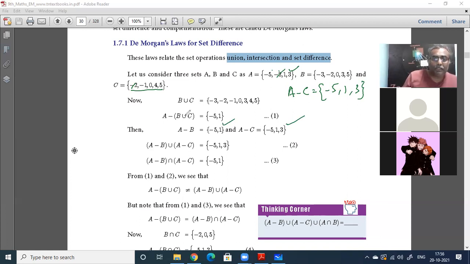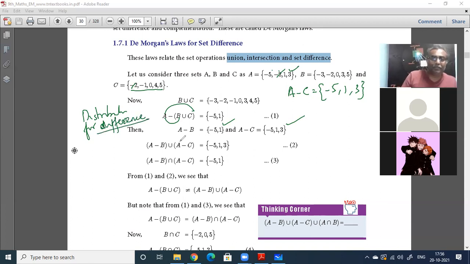Now he is doing another interesting thing. A minus B union C he did first. Now he is doing A minus B union A minus C. He's sort of using distribution for subtraction, which in set theory is called difference.